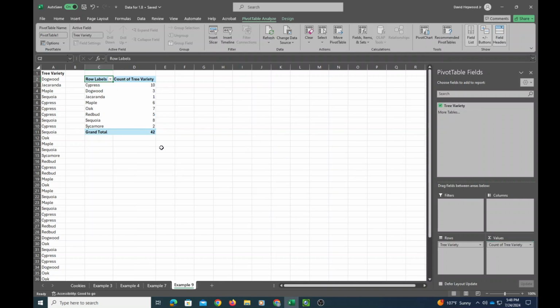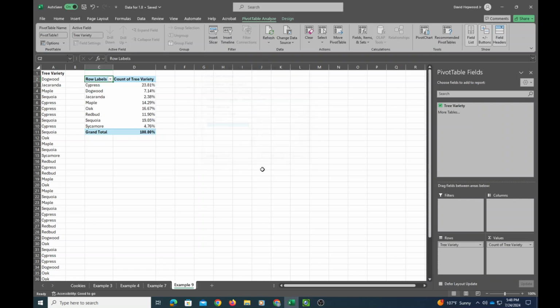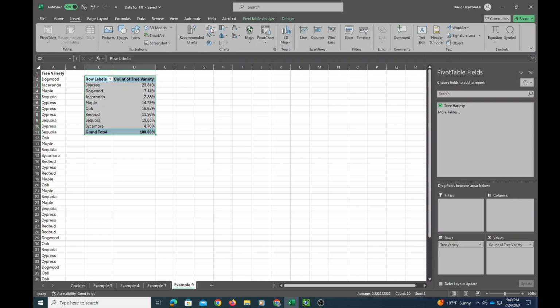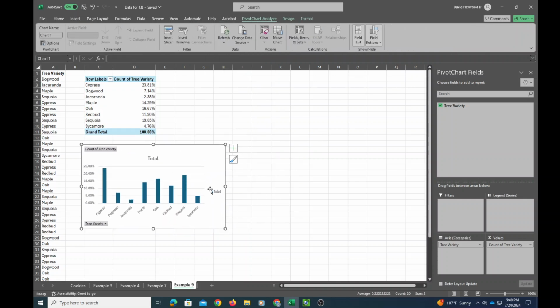We want to count them up. Here's our frequency distribution. We want a relative frequency bar chart. So I'm going to change the frequency distribution into a relative frequency distribution by calculating the column percentages. And now to get a bar chart, I would select that and go to Insert, Bar Chart. Okay, so that's that.